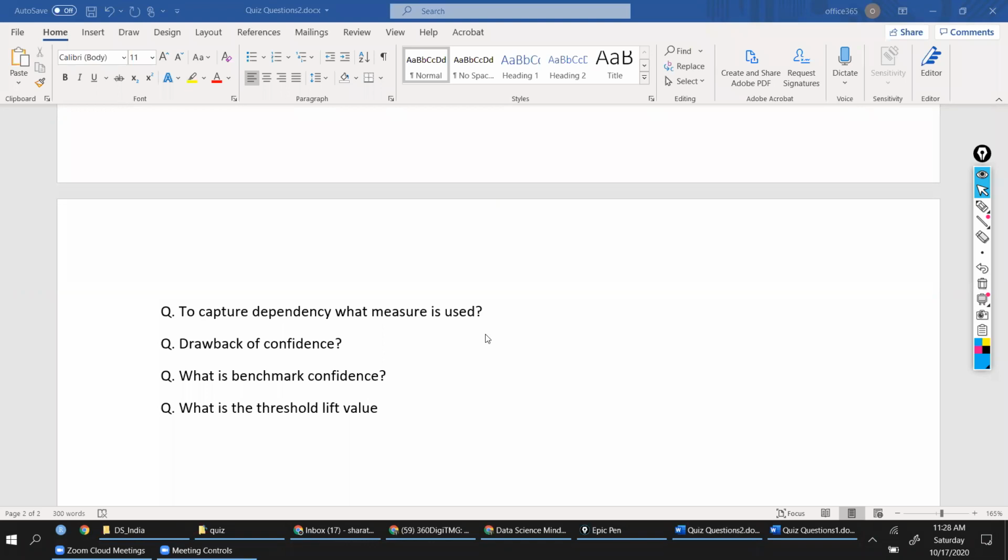How do we interpret lift ratio 1? Confidence by benchmark confidence is lift calculation. Very good.